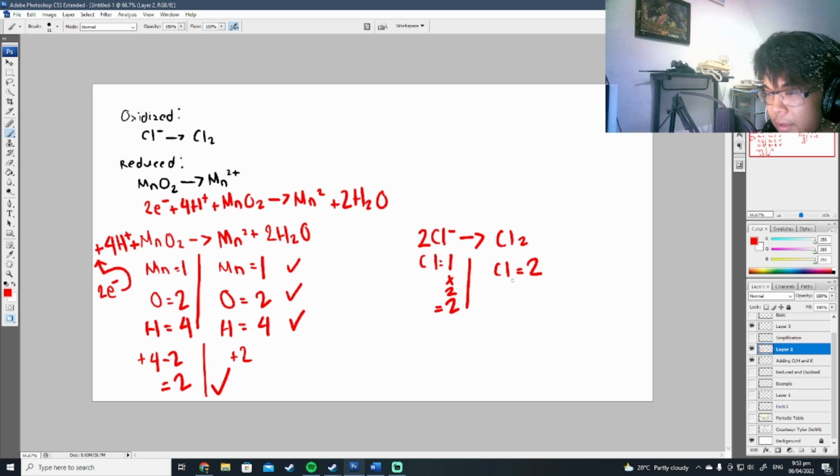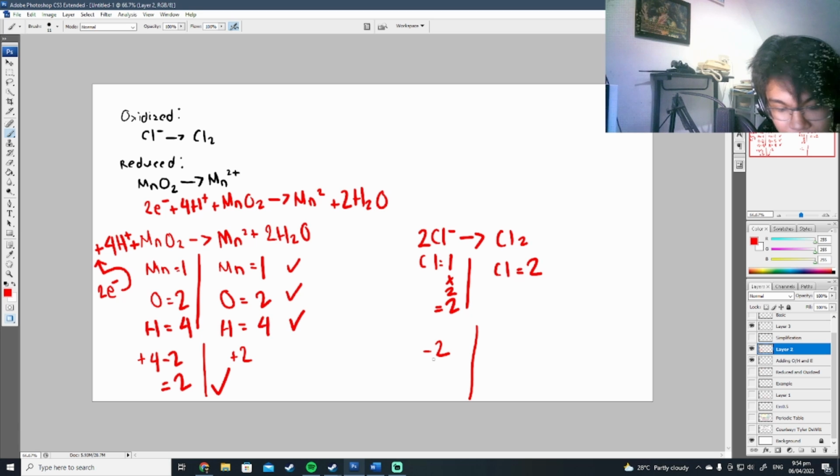2 chlorine, 2 chlorine. Now remember that when we were doing the reduced side for manganese, we had to add H2O and 4H+. On this side, we don't, because there is no oxygen and no hydrogen here. So we don't have to do any of that. We can jump straight into balancing electrons.